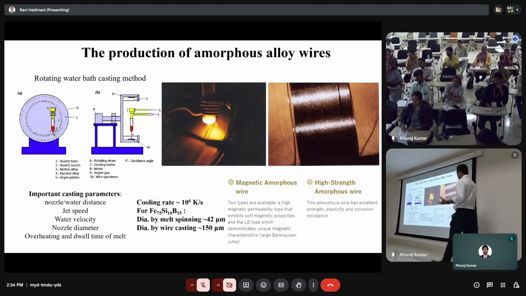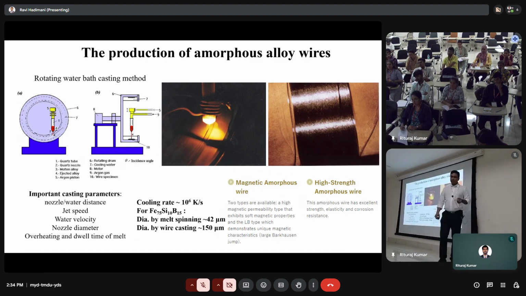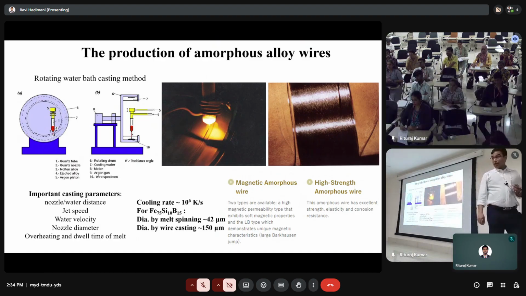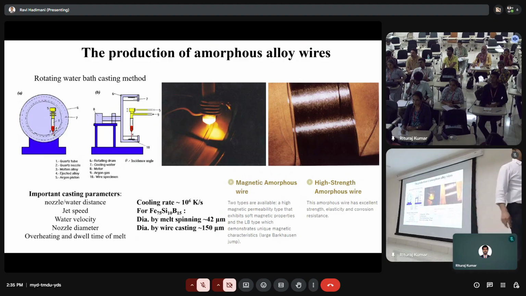Okay, so you can also do the same thing. Instead of ribbon, you can make nanocrystalline or amorphous wires, and they also have different applications. These are somewhat unique processes, probably not widely used in many applications, but these are also new techniques.